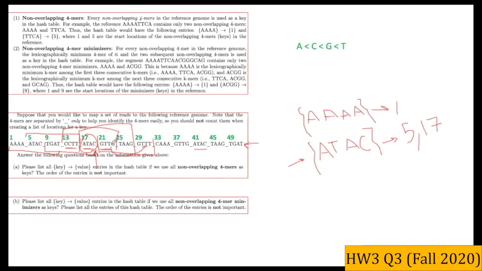And then we go to the fourth character. The first one ends with G, but the other one ends with T. So which one is minimum? The one that ends with G. So we store this one as a minimizer, which is G, T, T, G. This will be our key, and the location will be 21.